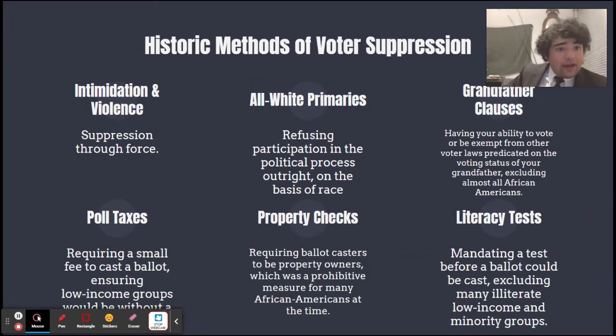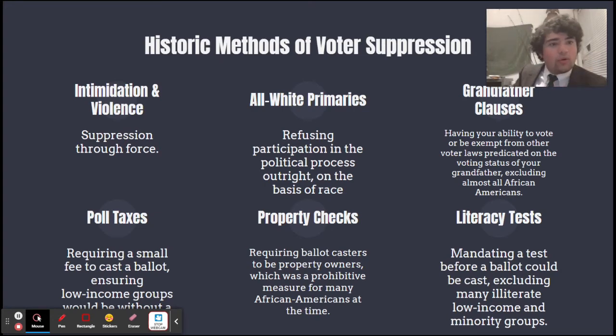And we also have the concept of the all-white primary, which is where it really just gets overt, where they don't even try to hide the racial motivation behind it. They just say, no, we're going to hold this primary where we're not going to allow any people of color. And it seems anathema to you and I in the modern era sitting here watching this, but it's a different age, which you have to understand.